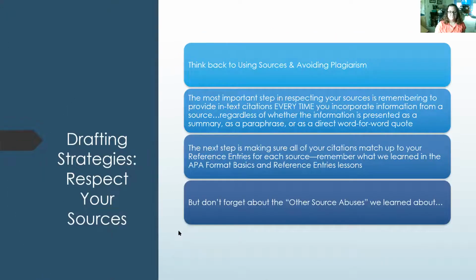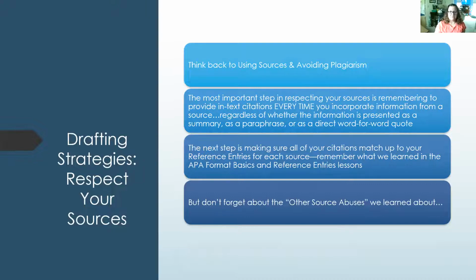Remember while you're drafting to respect your sources. So think back to our lesson on using sources and avoiding plagiarism. The most important step in respecting your sources as you're drafting is remembering to provide the in-text citations every time you incorporate information from a source.